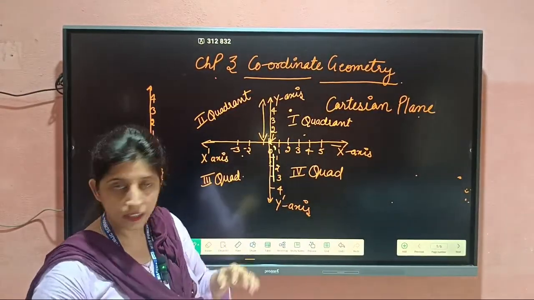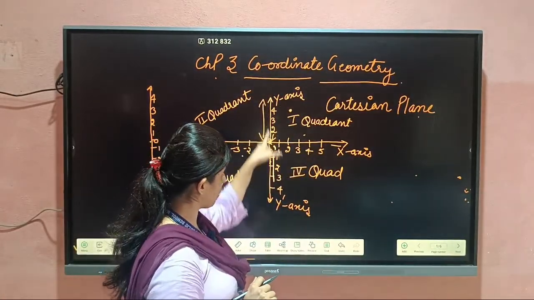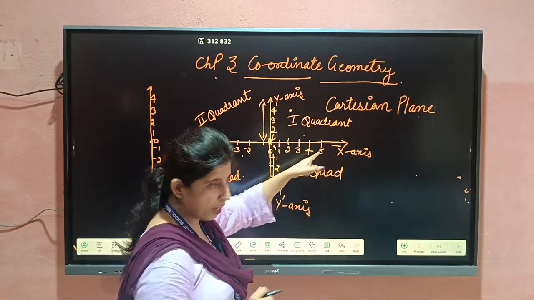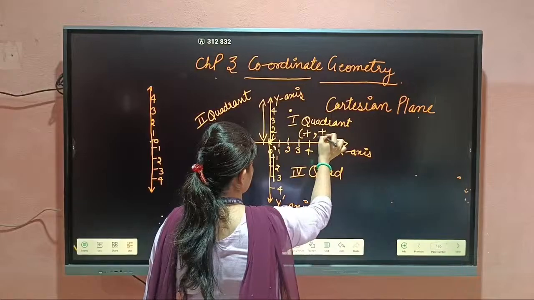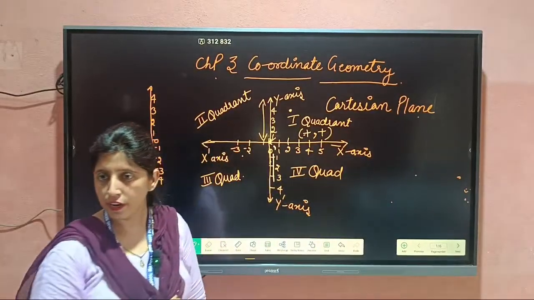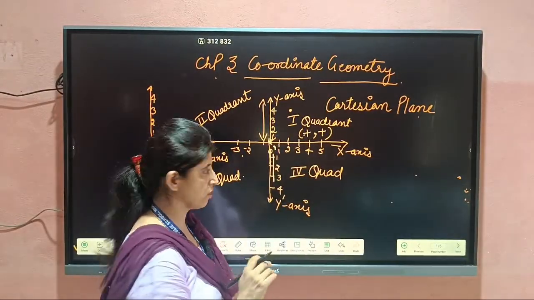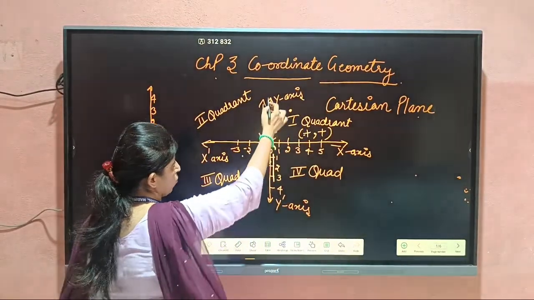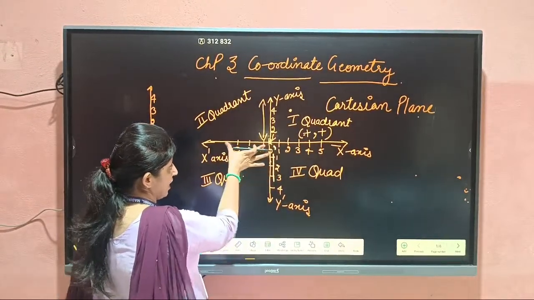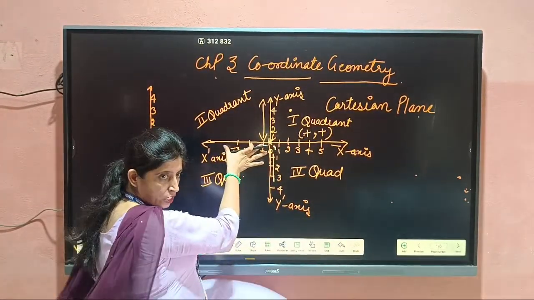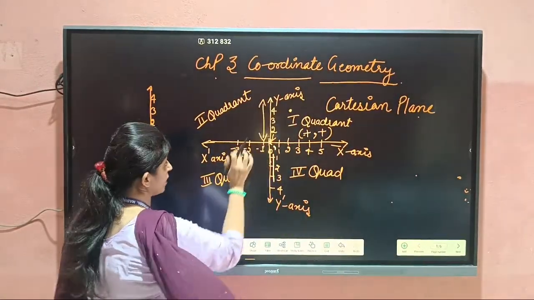Okay, understand? Now look, this is y-axis, this is x-axis. Both are positive side, na, है ना? Right? So in first quadrant, x and y both are positive. In second quadrant, look, y is positive, x is negative, na. देखो, x side is negative, negative side of x-axis we are taking, and positive side of y-axis we are taking.